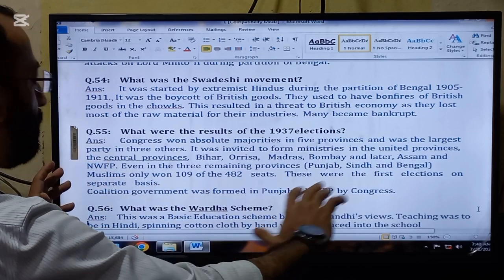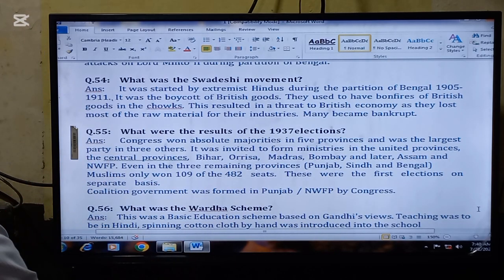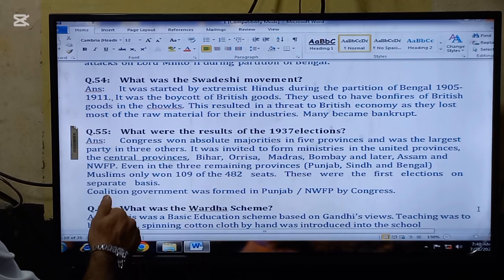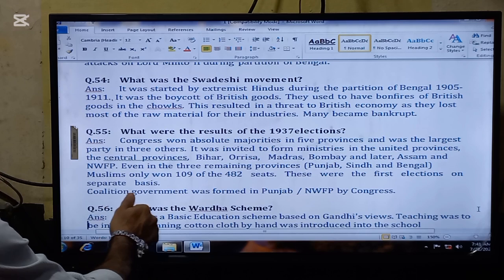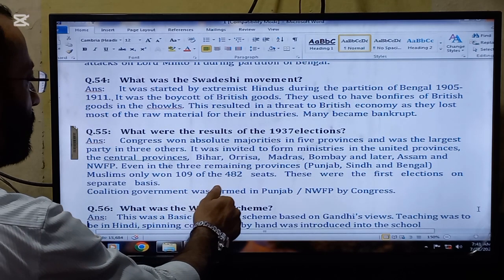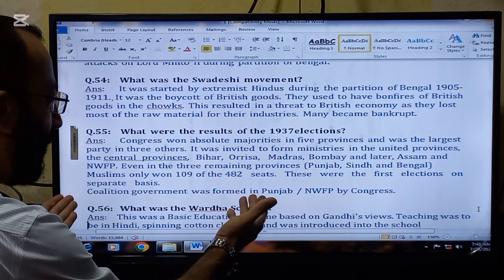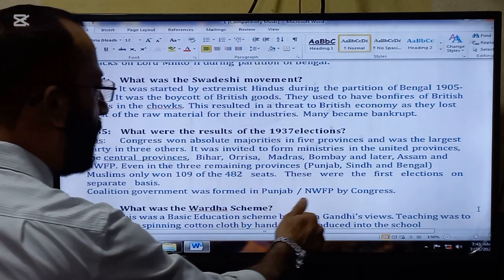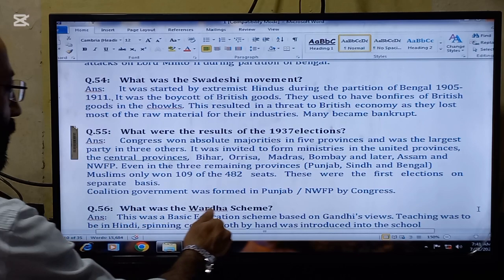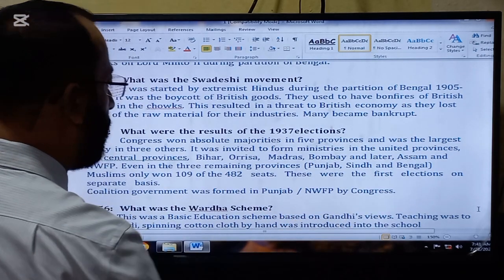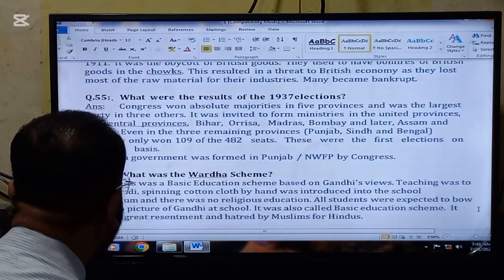So that was a clear majority of the Indian National Congress in the subcontinent at that time in the 1937 election. Even in the 3 remaining provinces, that is Punjab, Sindh and Bengal, Muslims only won 109 out of 482 seats. So look at the bad condition of the Muslim League. These were the first elections on a separate basis. A coalition government was formed in Punjab and NWFP by the Congress. So in these elections, these were the results.